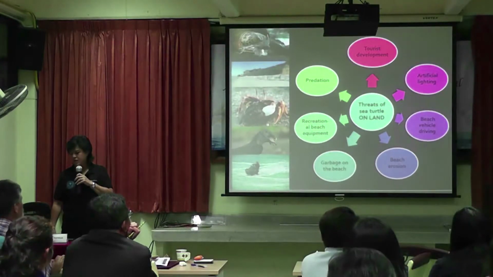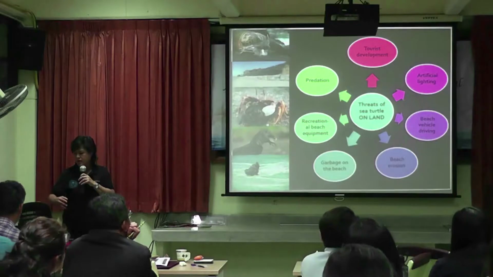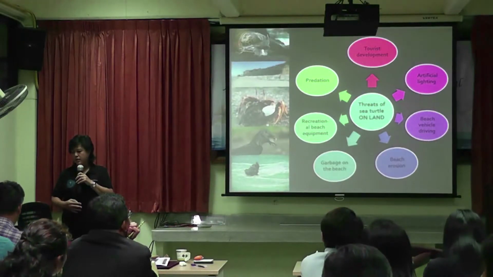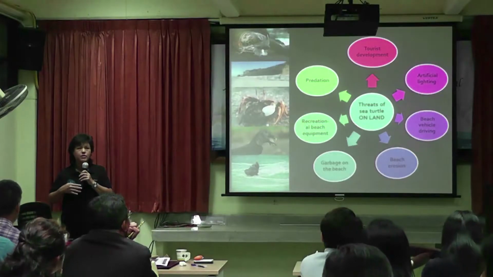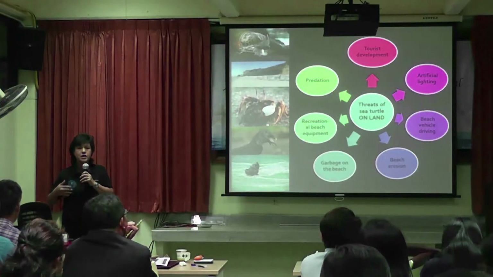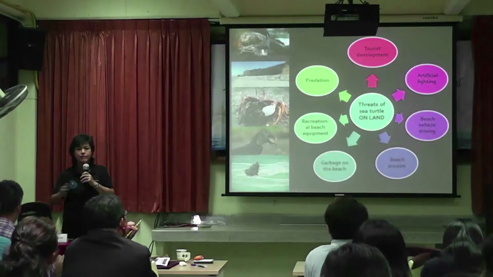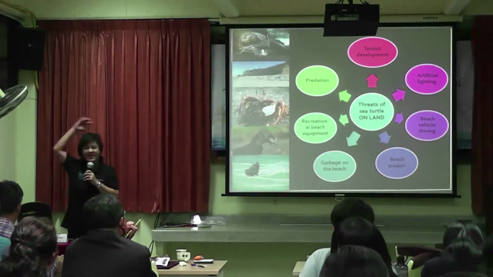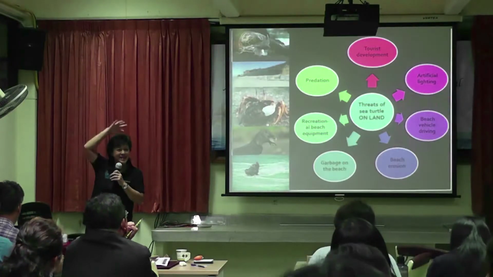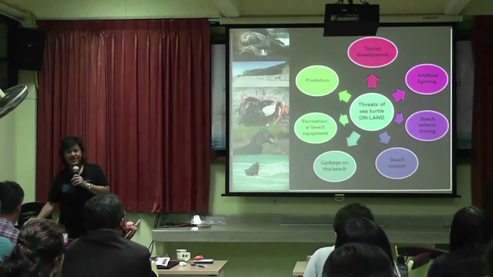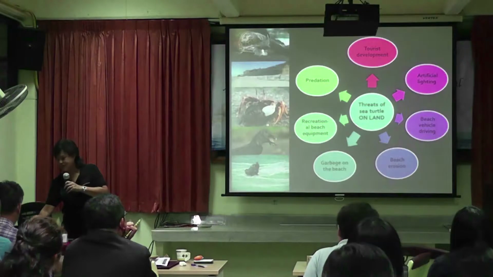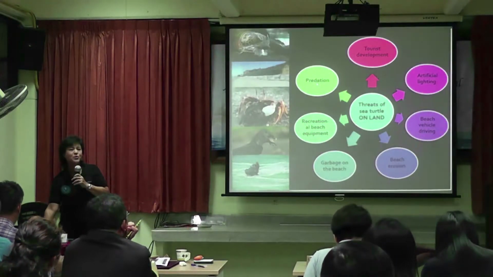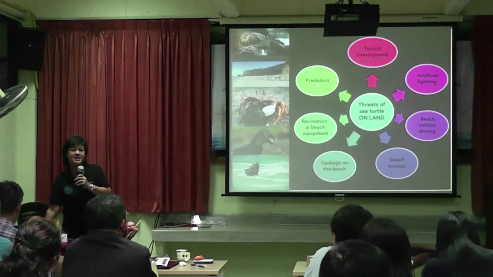We have beach erosion, and people put garbage on the beach, or they replenish the beach by using artificial sand. All of this affects the nesting of the sea turtle. Beach equipment, umbrellas everywhere, pink, yellow, blue, white, and a sea turtle doesn't think a tree looks like that. And there is predation from humans who like to eat sea turtle eggs.